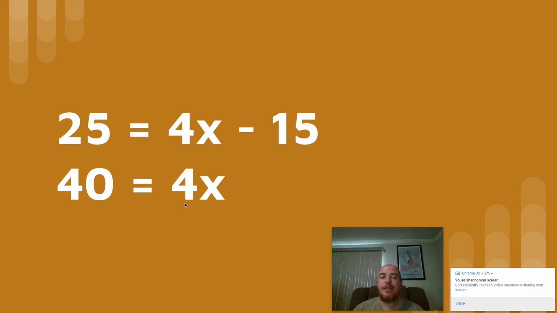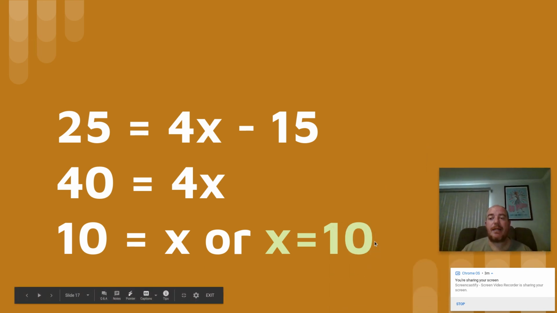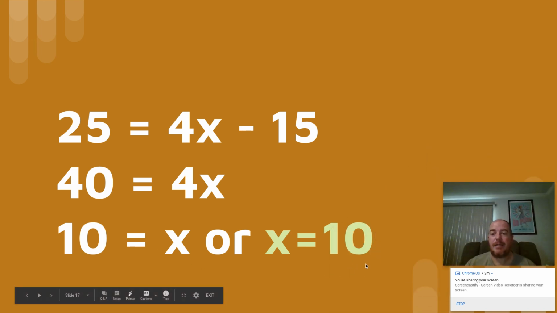And we're left with still just the 4x. So 40 equals 4x. Next we want to do the inverse of this operation here, which would be to divide. So we're going to divide both sides by 4. That's going to leave us with 10 is equal to x, or we could rewrite that as x is equal to 10.